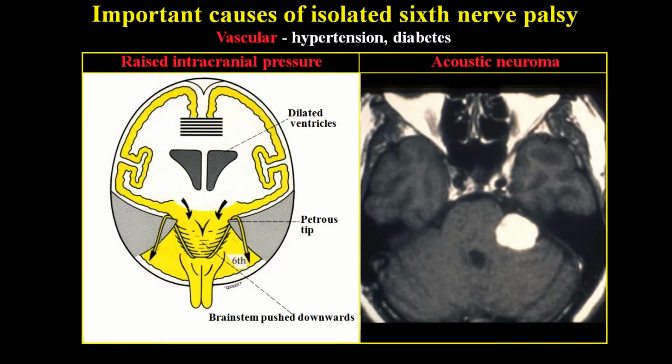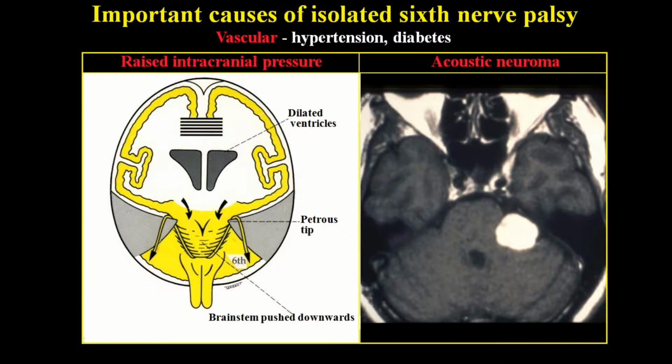If the patient has an acoustic neuroma along with sixth nerve palsy, other nerves are also involved, which has to be ruled out. So the main thing to check is whether the patient has acoustic neuroma or raised intracranial tension.